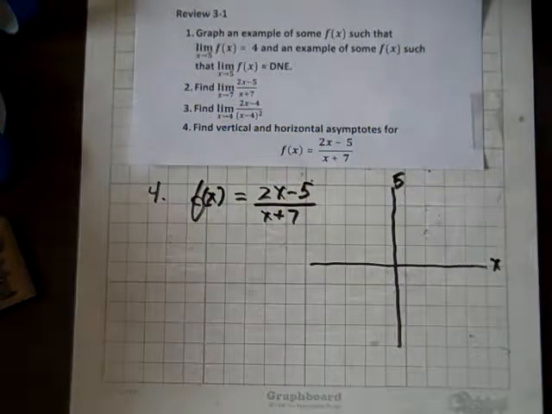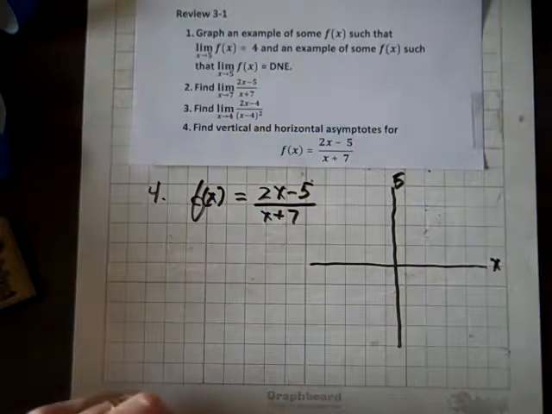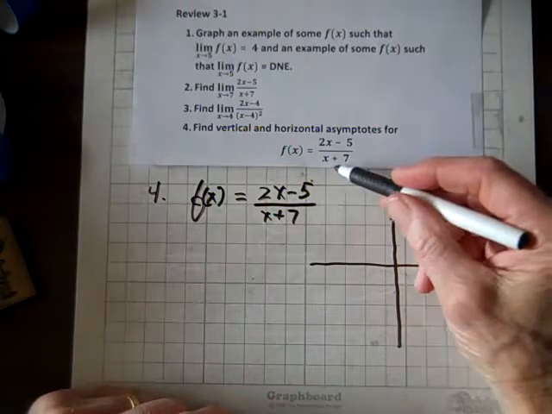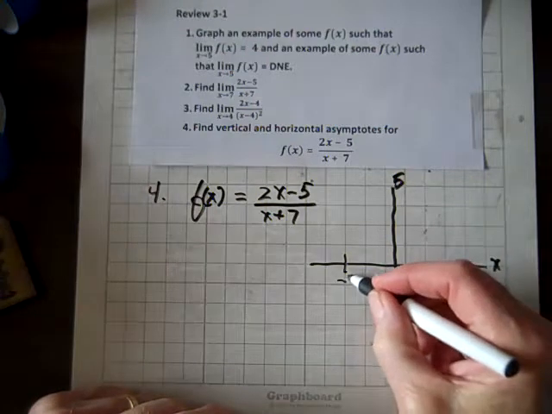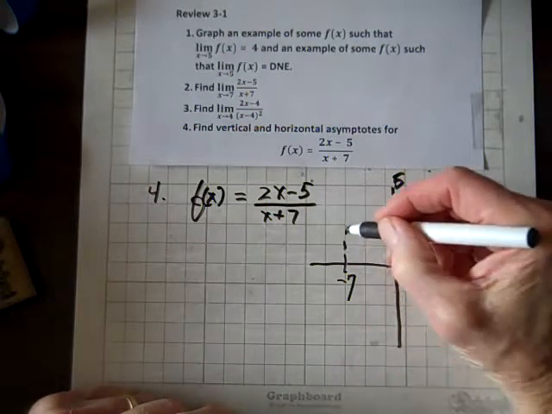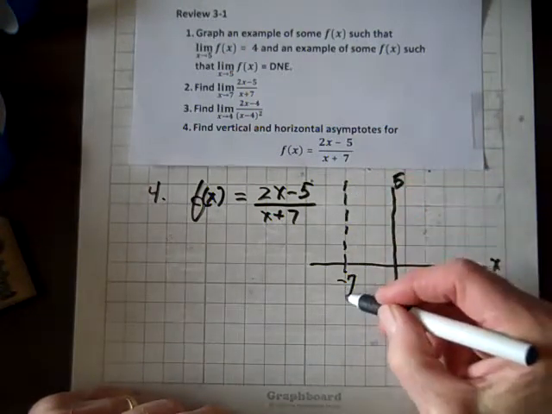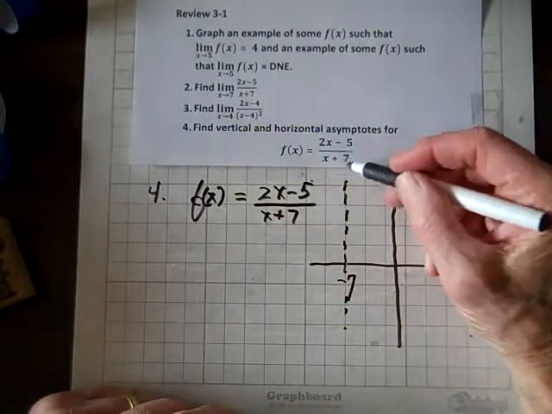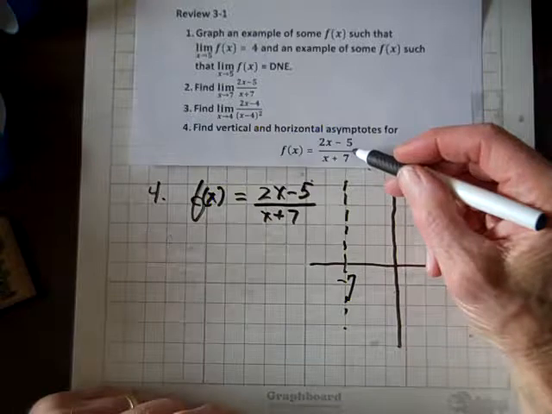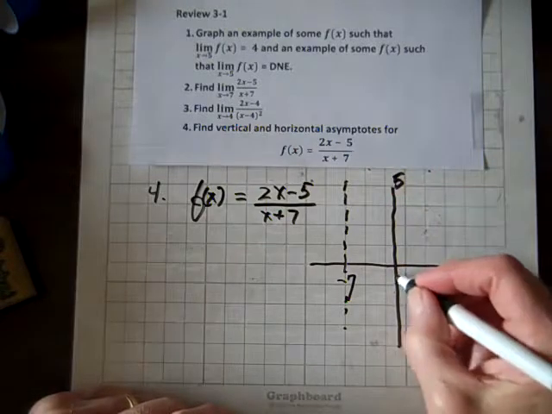Okay, time for question 4. It says find the vertical and horizontal asymptotes. Well, let's graph it also. Will you agree there's a vertical asymptote at -7? So we'll graph that. Will you also agree that there is a y-intercept at -5/7?